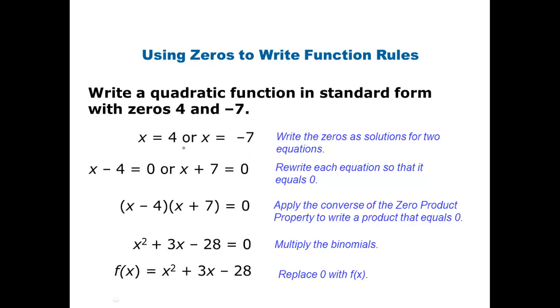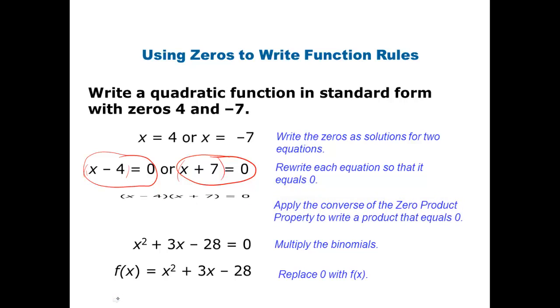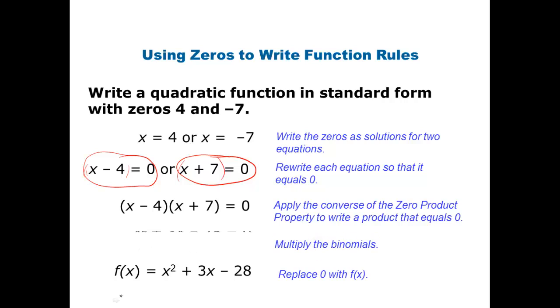Working backwards, how we would get this x equals 4, we would have x minus 4 equals 0 and x plus 7 equals 0. Our next step, these would be what we had in parentheses. So we put those in parentheses, and we multiply these out to get our trinomial.